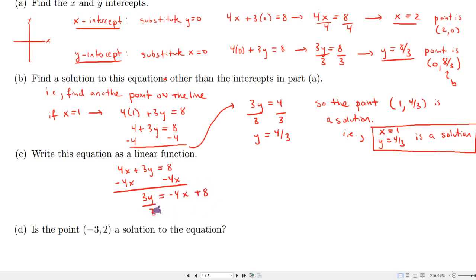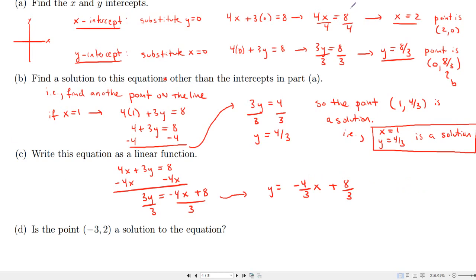Divide both sides by 3. And then we will have y is equal to minus 4/3 x, plus 8/3. We can see that that matches up above with the y-intercept. We had the point 0, 8/3, and so 8/3 was b. And if you wanted to figure out the slope, you could do that real quick, and you see that it would be negative 4/3.